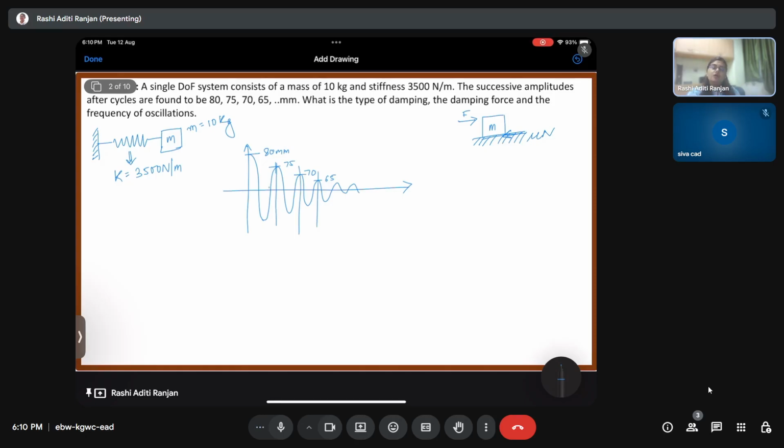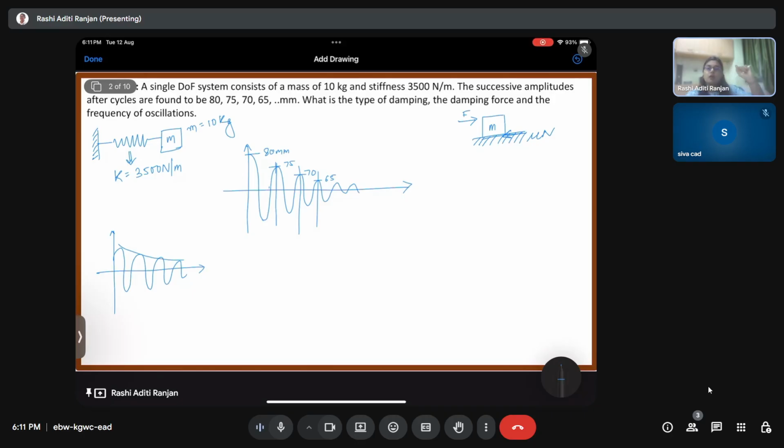Intuitively, if you remember when we studied structural damping or viscous damping, for the viscous damping, the behavior was something like this. But this was not following a linear trend. This was a curve.